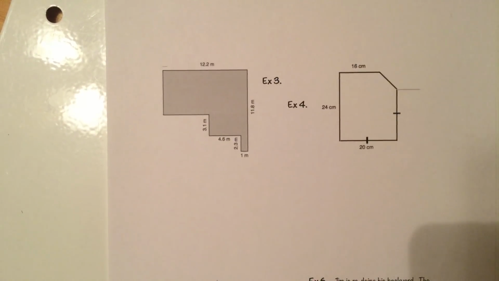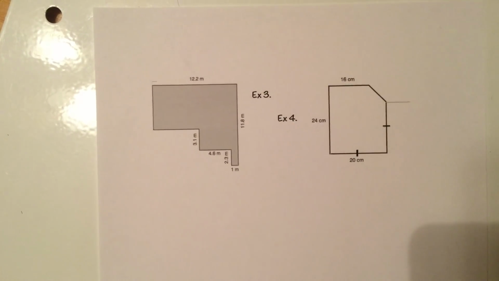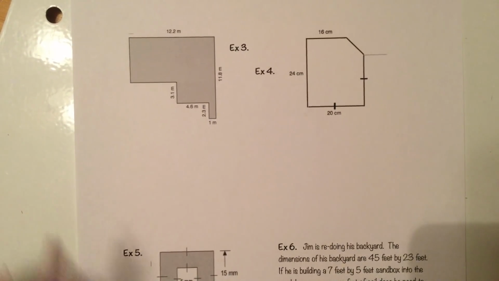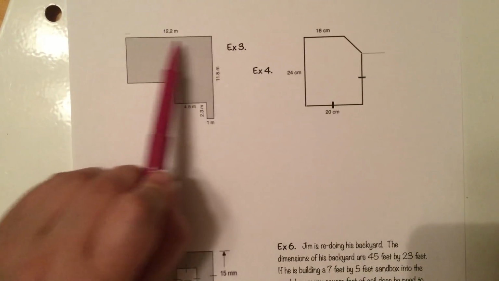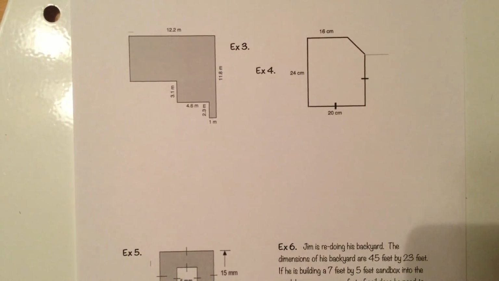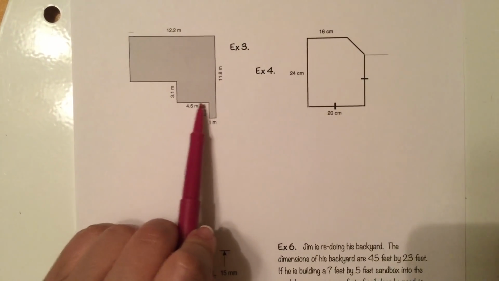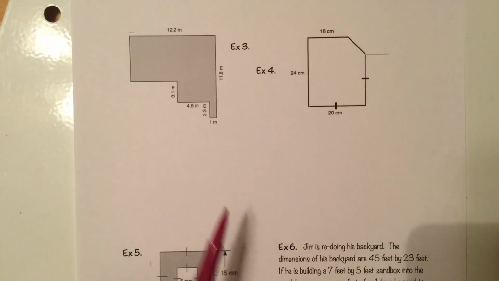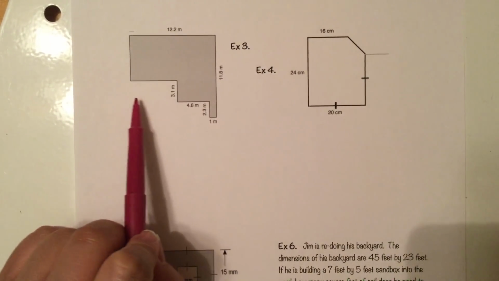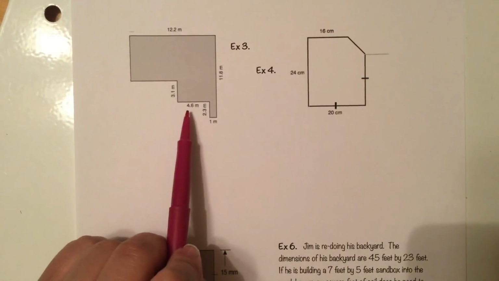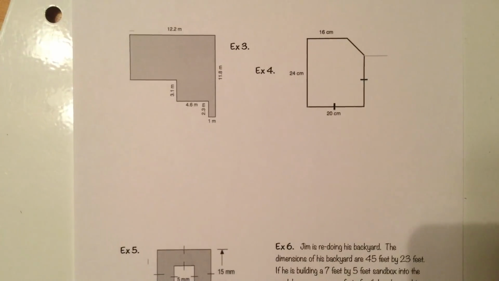Whoops, wrong page. Let's try one that's a little bit more difficult. Example number 3 is similar to example number 1, except there's a little bit more to this composite figure. We've got a top length of 12.2 meters. If we move down here to the bottom, we know that this is 1 meter, this is 4.6 meters, so we have to ask ourselves, if this whole distance has to be 12.2, and this is 1 and this is 4.6, what is this going to be?